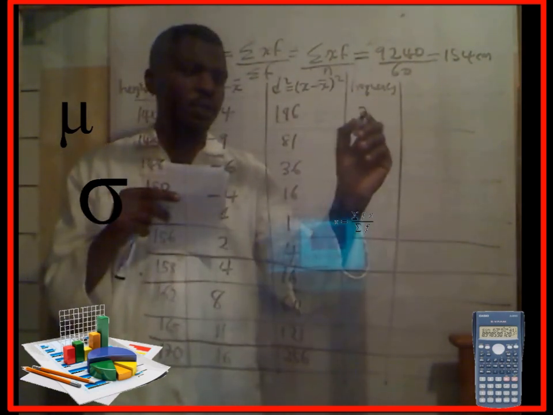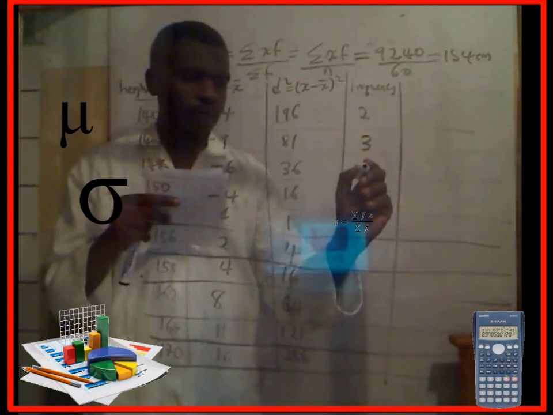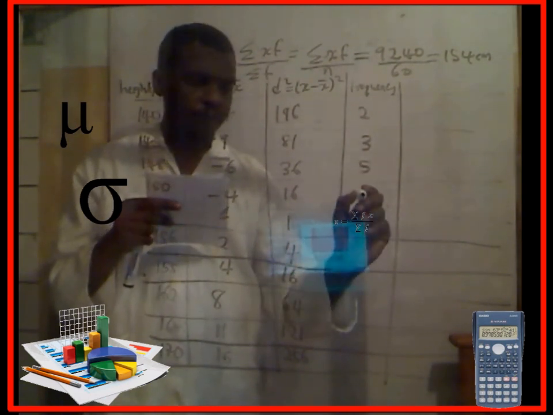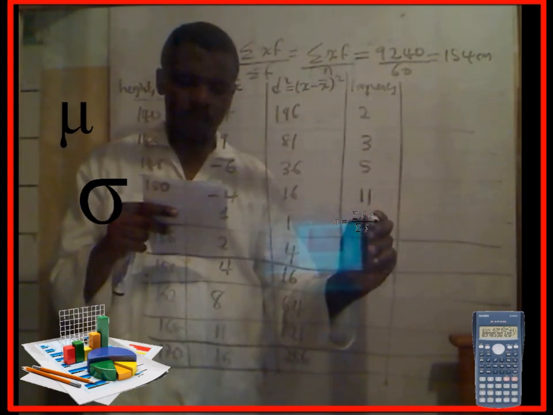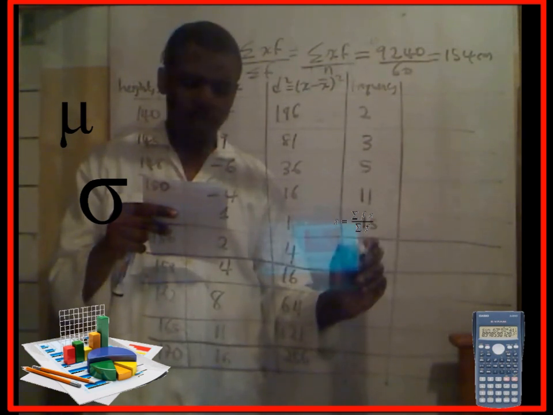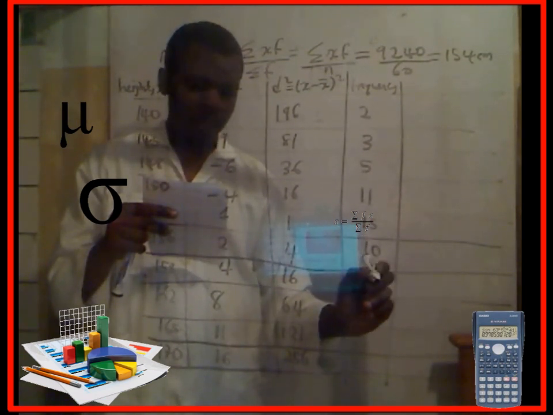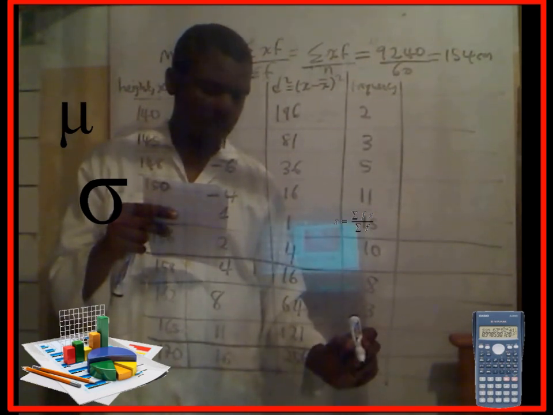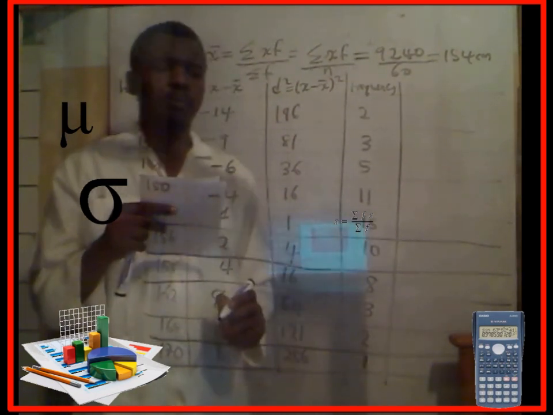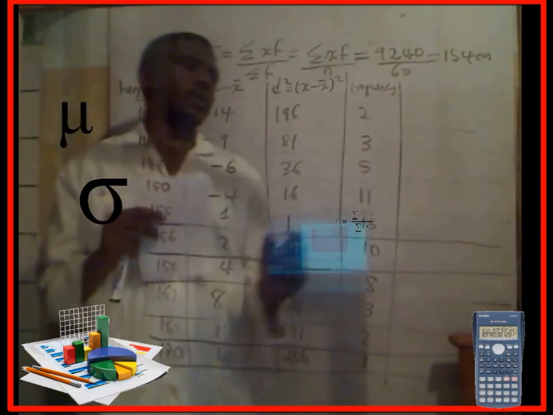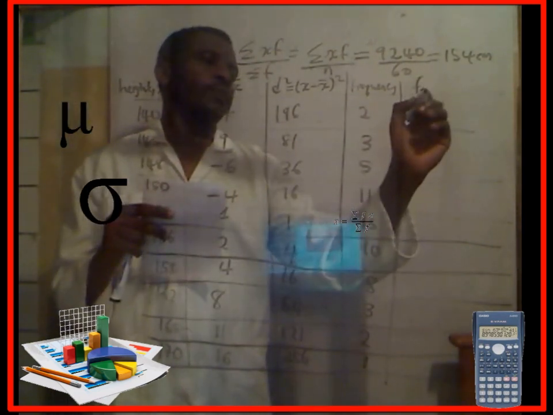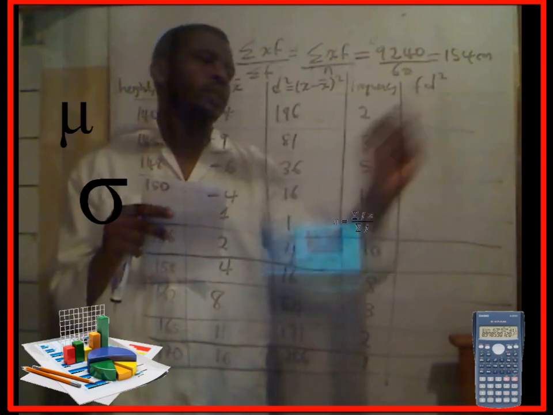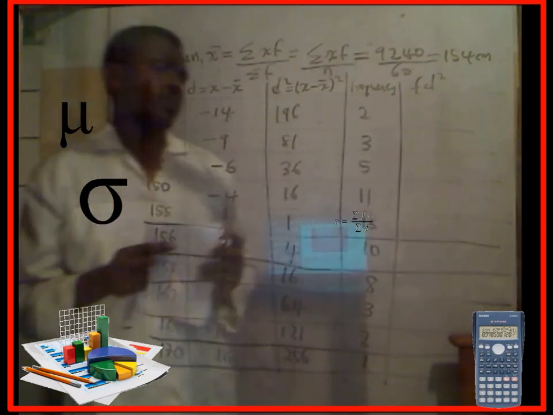We have 2, 3, 5, 11, 15, 10, 8, 3, 2, 1. So what is the product of frequency and the square of this deviation?